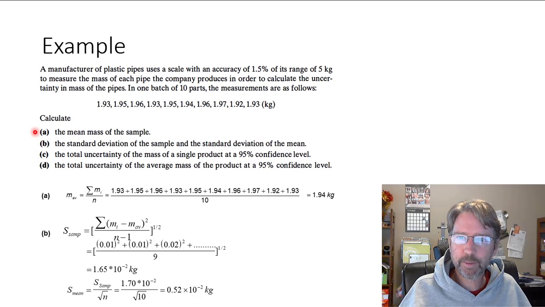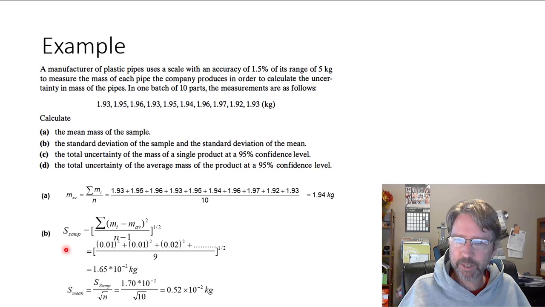So these are really not difficult to calculate, but you really have to understand the terminology, what total uncertainty of a single measurement or the mean, those kinds of things can trip people up. So the first two are just statistical calculations that we've done before. So find the mean, add them all up and divide by n, we get 1.94 kilograms.